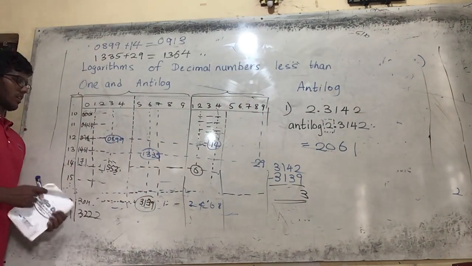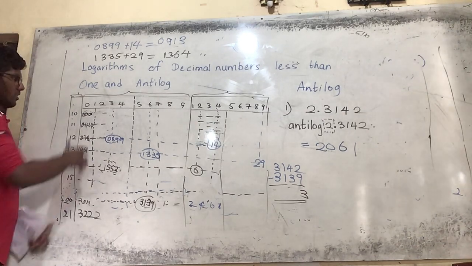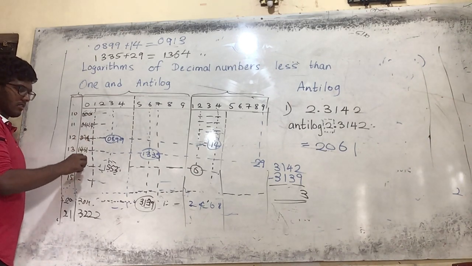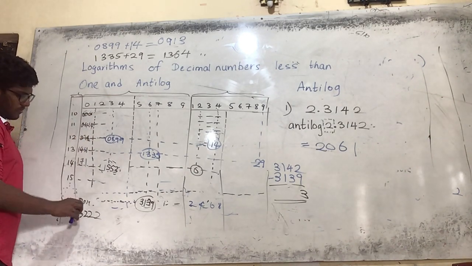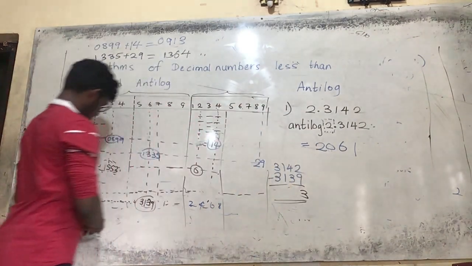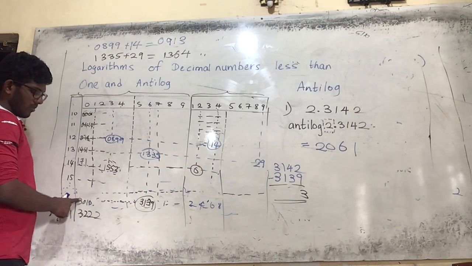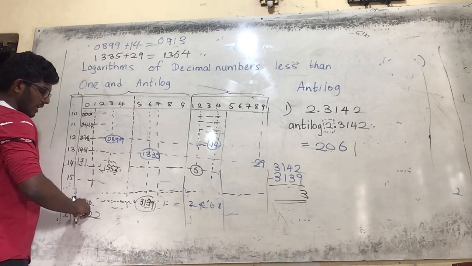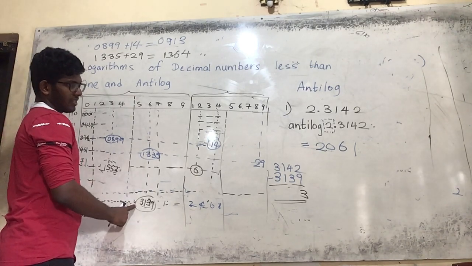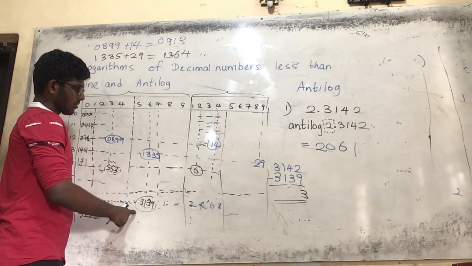Right? I will repeat the steps. You are moving your eye from here in this 0 column. Once it exceeds the value, you are coming to the top row. Then you start going to the side until you get a value which is closest but lesser than 3142.